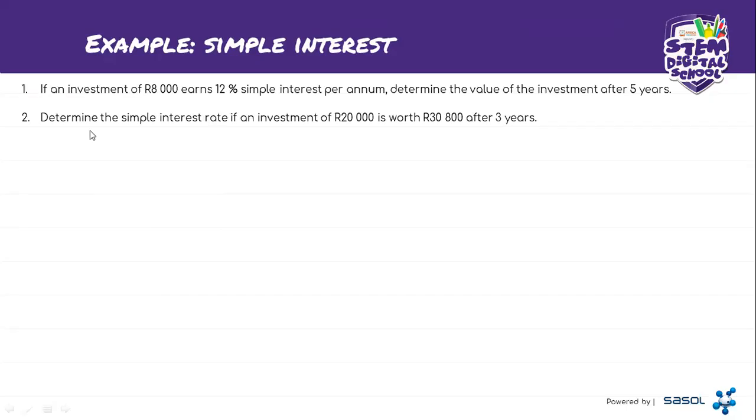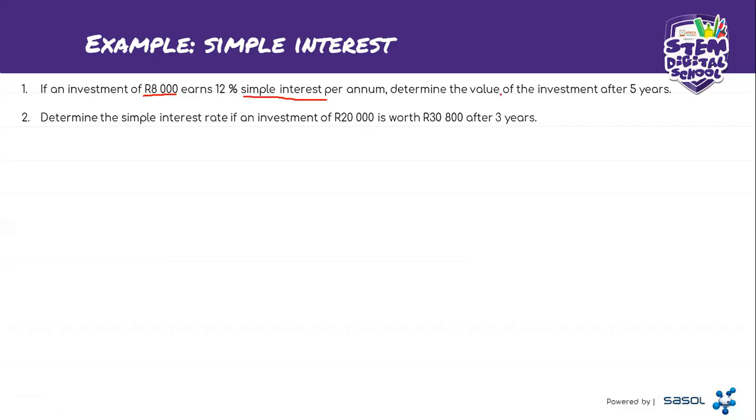The first question that we might get, it says, if an investment of 8,000 earns 12% simple interest, you can see simple interest, meaning in this case we are going to use the simple interest formula.